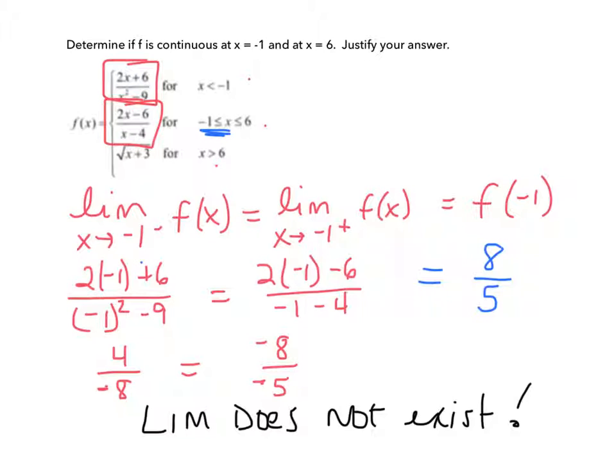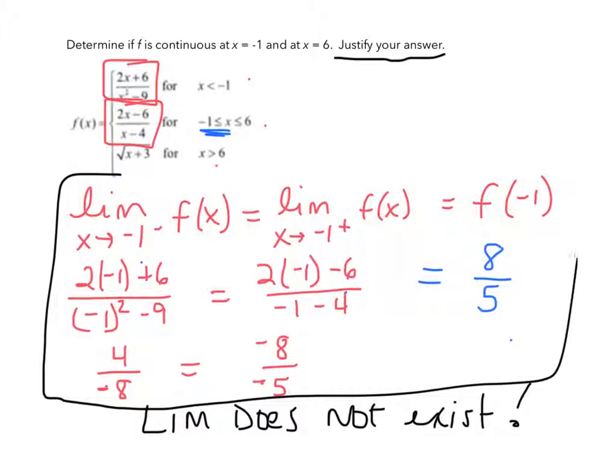All three conditions must be equal in order for the function to be continuous. As far as the directions up here, justify your answer: this work right here is your justification. You showing that the limit from the left does not equal the limit from the right is your justification that in fact it is discontinuous at x equals -1.